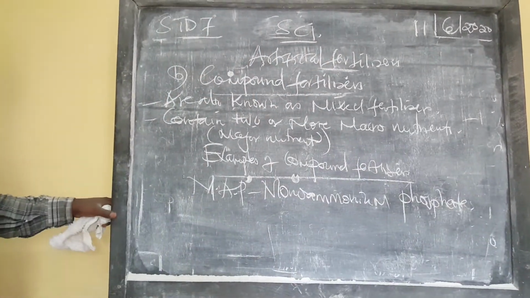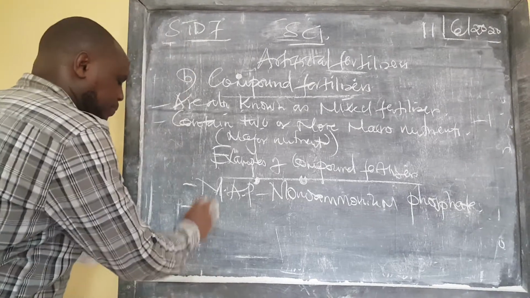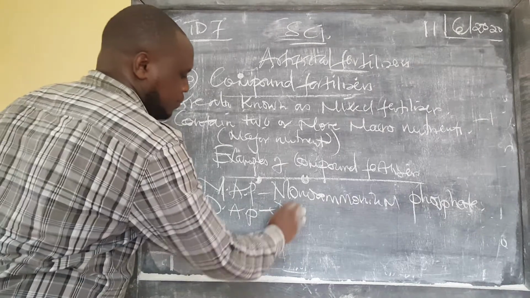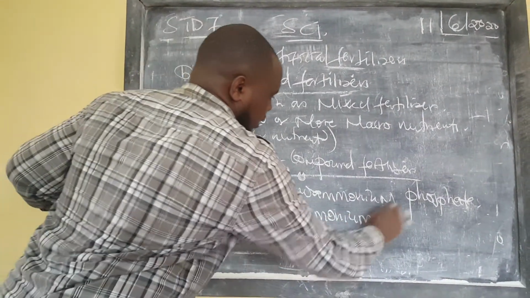Then we have DAP, of course diammonium phosphate. So these are also very easy to remember.